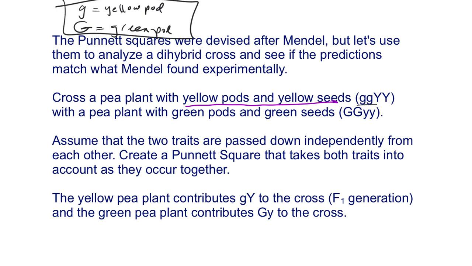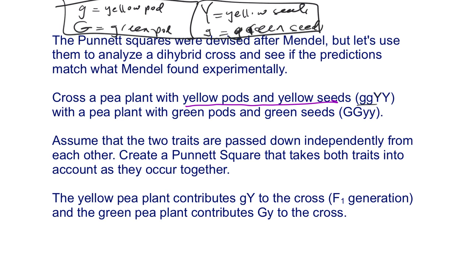And big Y is yellow seeds, so yellow peas are dominant to green peas, which would be recessive. Okay, I'm figuring it out from there.